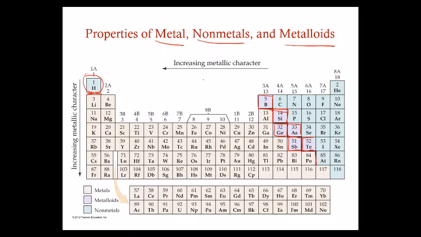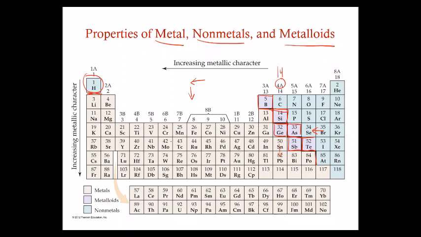Metallic character increases if you go to the left and if you go down, which does kind of make sense here if you're looking at, say, the carbon group, group 14. You have non-metal, 2 metalloids, and then you have metals. So the metallic character is increasing as you go down the group. Metallic character also increases if you go left. So you're basically changing into more like a metal.